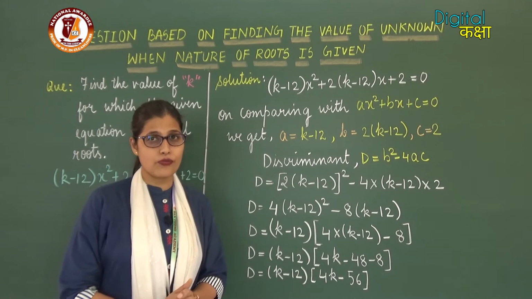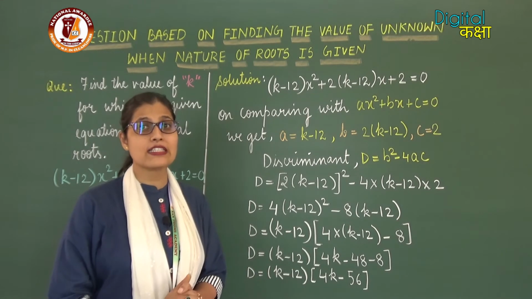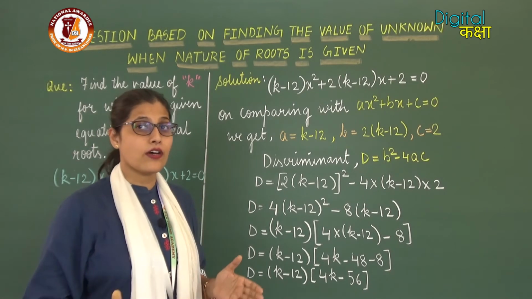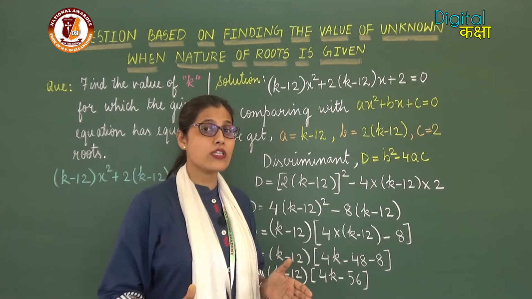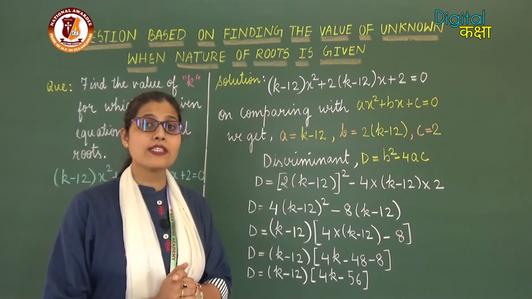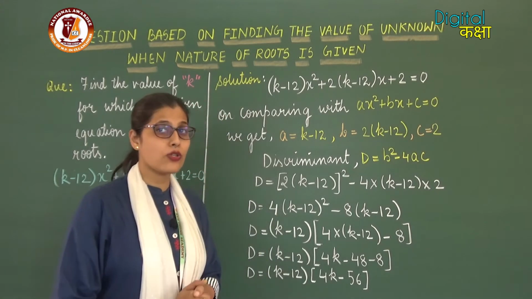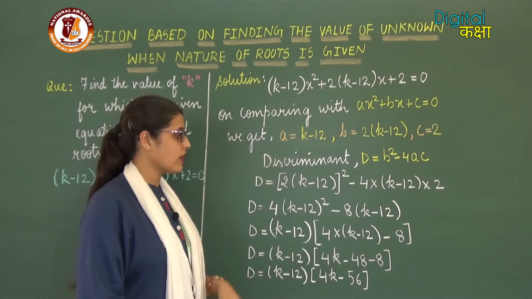After getting the coefficients, we will be finding the value of discriminant. The value of D is equal to b² − 4ac. We will be substituting the value of coefficients to get the value of discriminant.